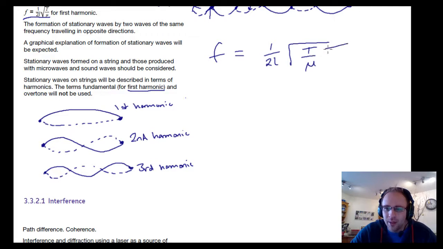Now this is a weird one because actually T, which is capital T, is not period, it's tension. And I think you'll find that you investigated this in a required practical. Mu in this case is mass per unit length, which we can measure, and then L is length.